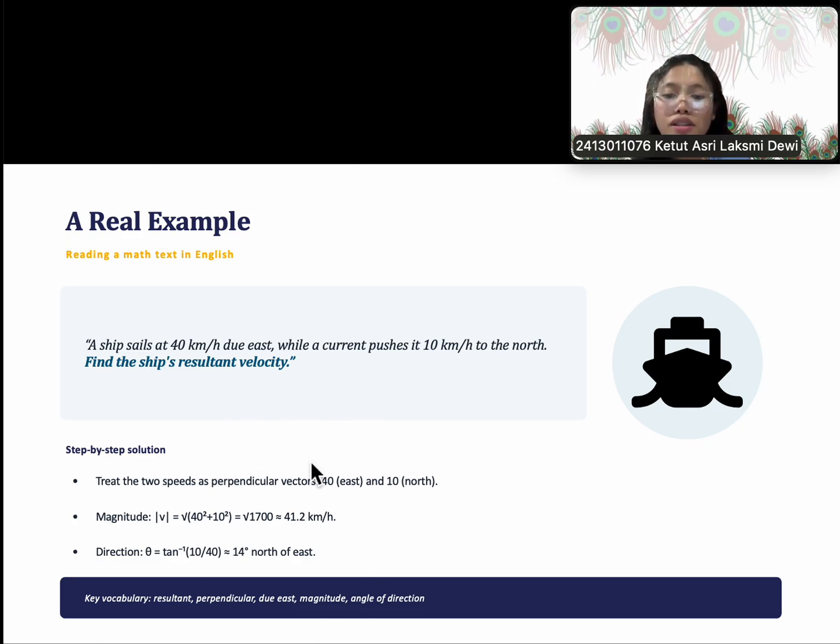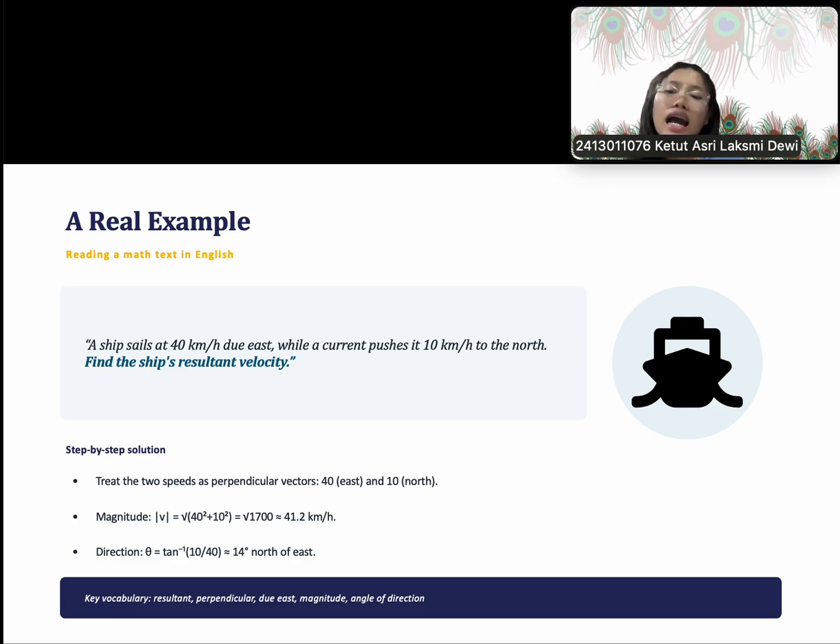First, we treat the two speeds as two vectors that are perpendicular to each other: 40 km per hour to the east and 10 km per hour to the north. Second, we calculate the magnitude using the same formula as before: the square root of 40 squared plus 10 squared, which gives us approximately 41 km/h.